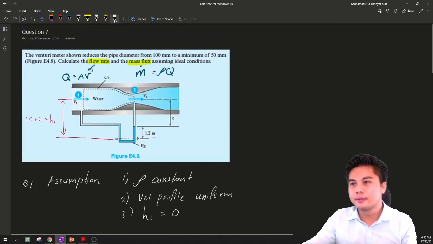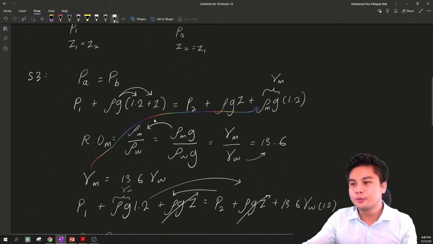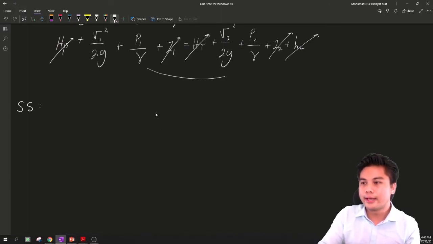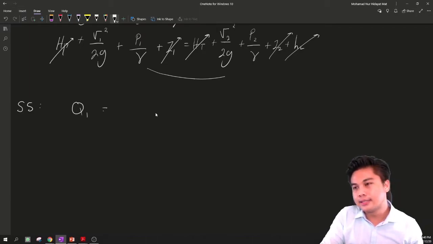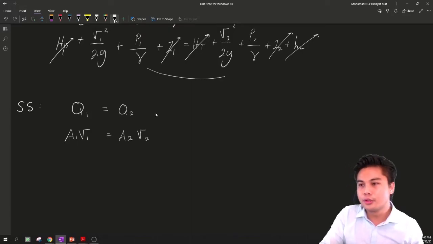The flow rate Q1 is equal to Q2. So Q1 equals Q2, and the volume flow rate is area 1 multiplied with velocity 1 equal to area 2 multiplied with velocity 2.